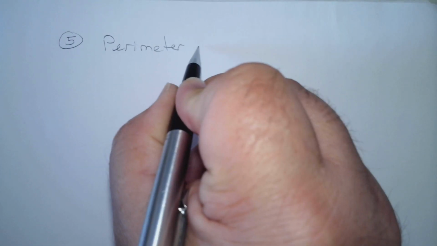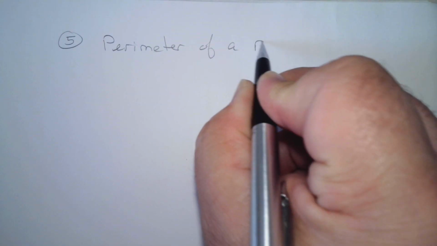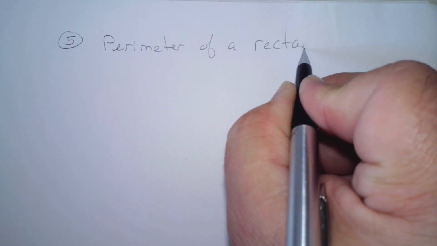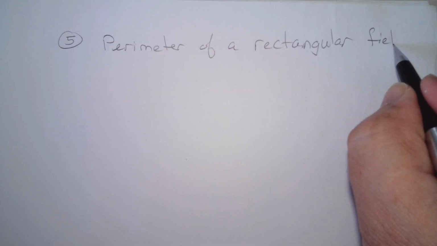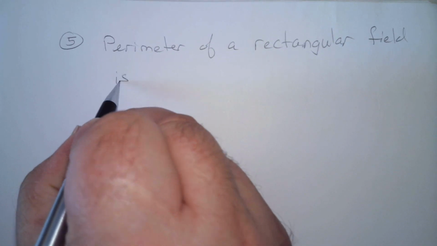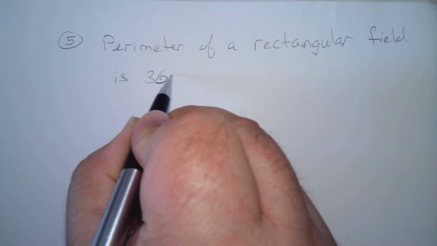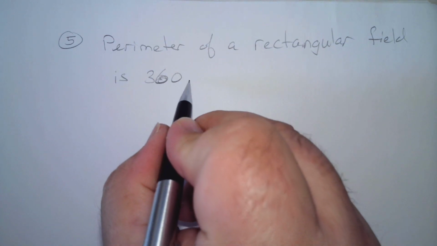All right. Number 5. Another word problem. The perimeter of a rectangular field is 360 yards.